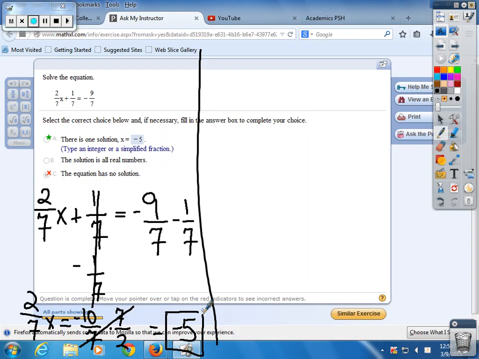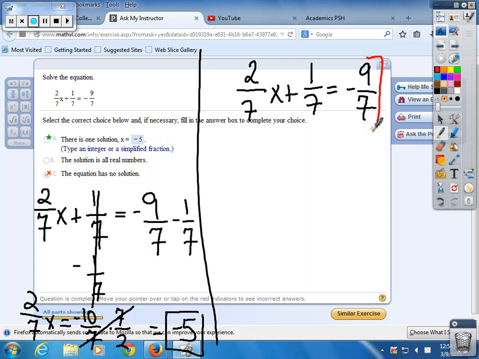That is the most difficult way to do it. Easy way to do it is to multiply through by the common denominator. 7 over what?